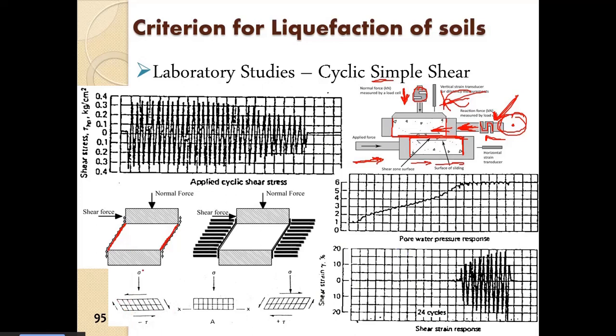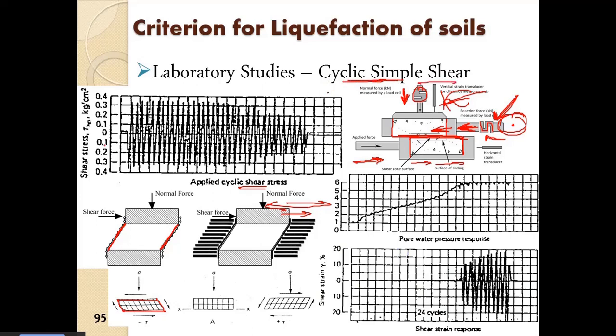That is why it is called simple shear: only shearing is occurring. It is swayed first in this direction, then in the other direction, then again in this direction. That is how the cyclic shear stress is applied in the cyclic simple shear.